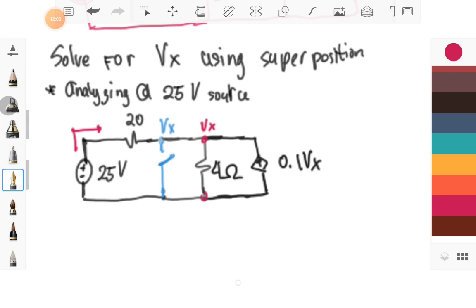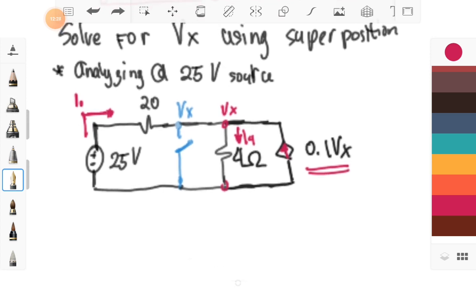So let's say this will be my I1, and then this will be my I4 because it is flowing into your I4, and then this will be my I3. So pwede na akong hindi mag-assume ng direction ng current, gagamitin ko lang yung direction ng current ng dependent source natin.